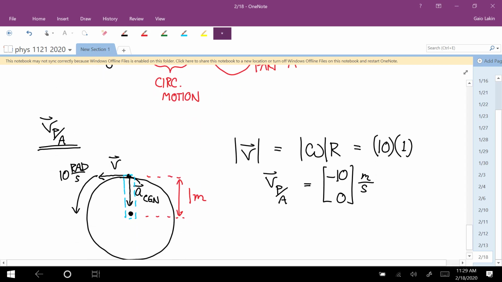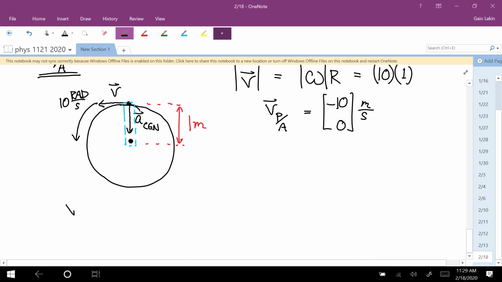And so now we can put these together. The velocity of P relative to the ground is equal to the velocity of P relative to A plus the velocity of A relative to the ground.